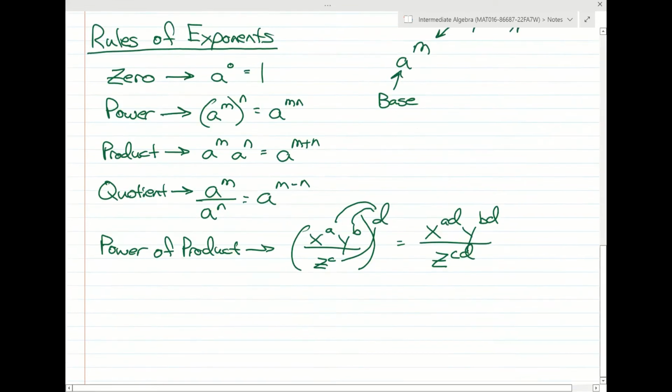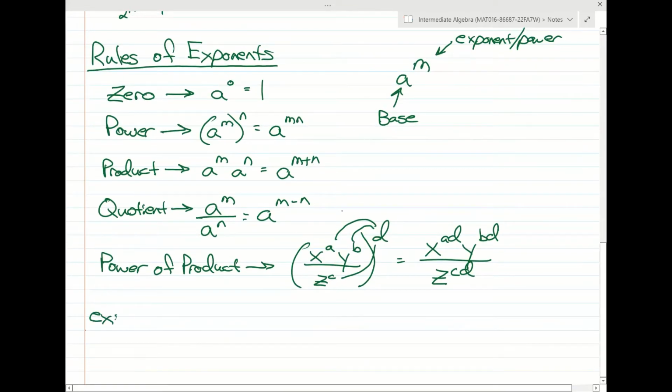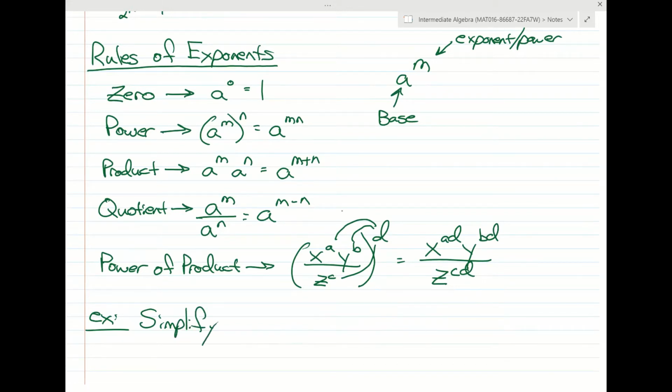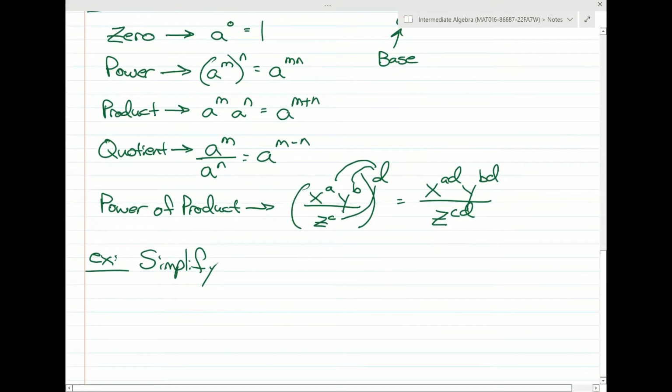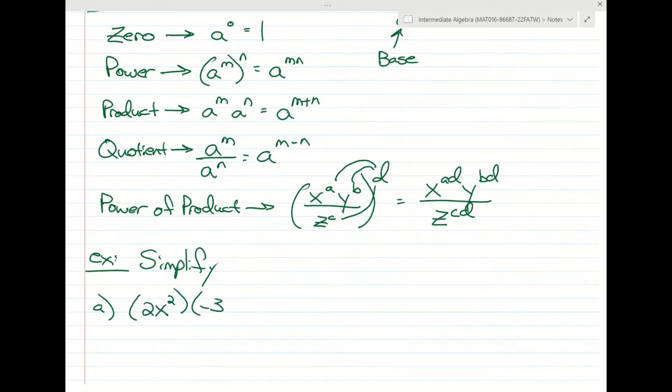So let's get to some examples here. I'll just ask you to simplify. So what if we had 2x to the second times negative 3x to the fourth?